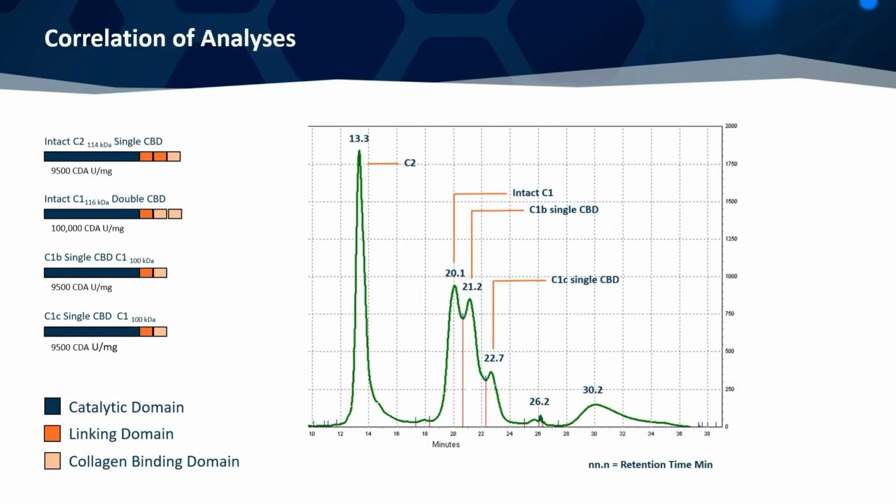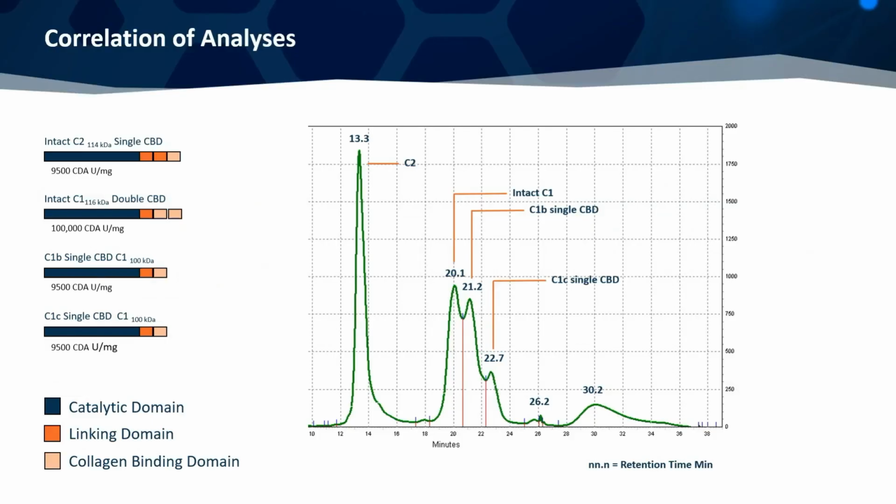Basically, we took the peak fractions from each of these four peaks and put a portion of it into an SDS-PAGE to get a mass of the protein, and the other for a collagen degradation activity assay, a CDA assay, which we had just developed. It was a kinetic fluorescent microtiter plate CDA assay.